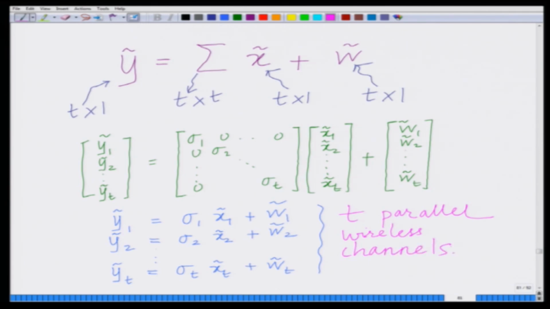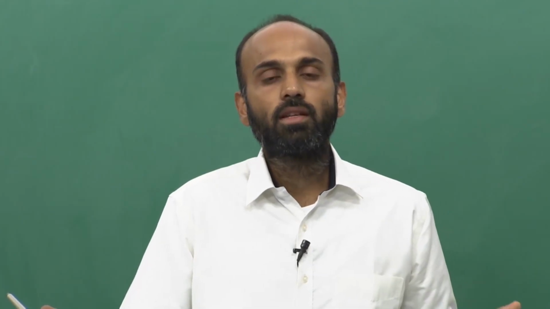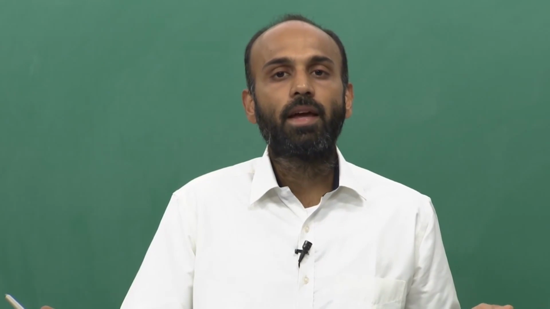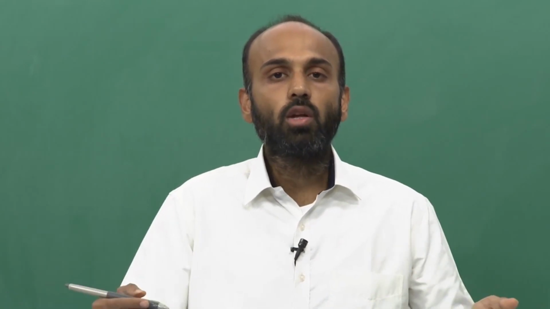So, what you are observing is that because sigma is a diagonal matrix, you have y1 tilde equals sigma 1 x1 tilde plus w1 tilde, y2 tilde equals sigma 2 x2 tilde plus w2 tilde, so on and so forth, yt tilde equals sigma t xt tilde plus wt tilde. So, you have a combination of t parallel wireless channels between the transmitter and the receiver, where you are transmitting x1 tilde, x2 tilde, xt tilde, and correspondingly receiving y1 tilde, y2 tilde, yt tilde.